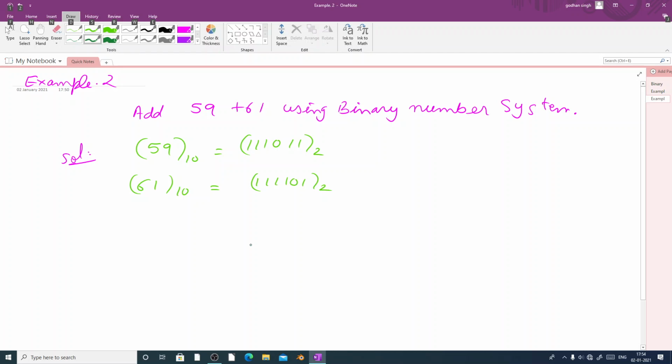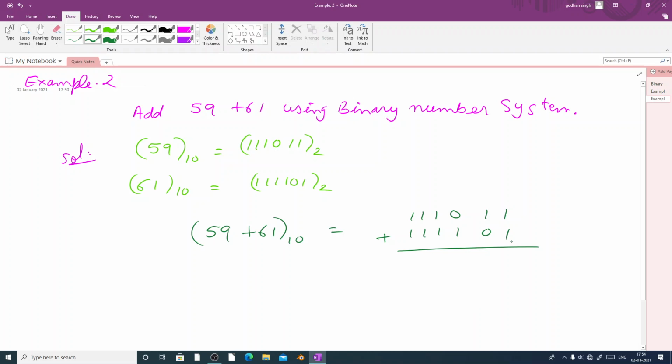So now we'll just be adding these two numbers, 59 plus 61, that is in decimal number form, and equal to, on this side we'll write the binary number system form. So that is 111011 plus 111101.